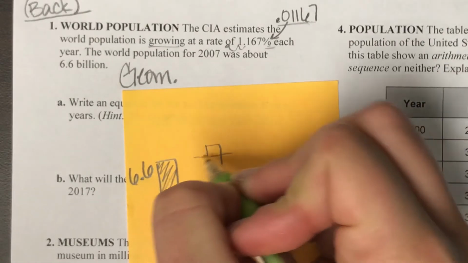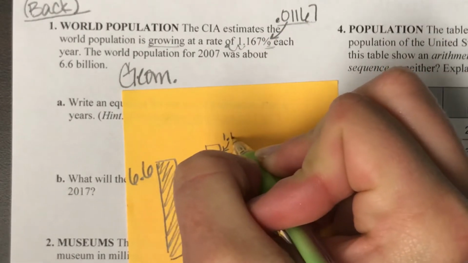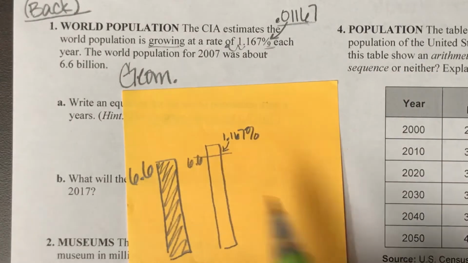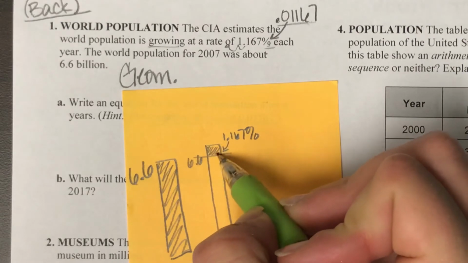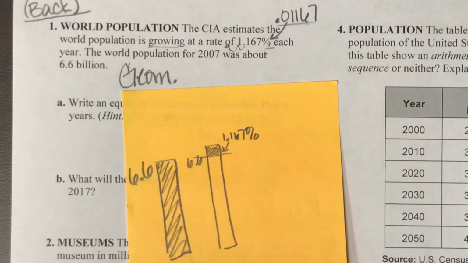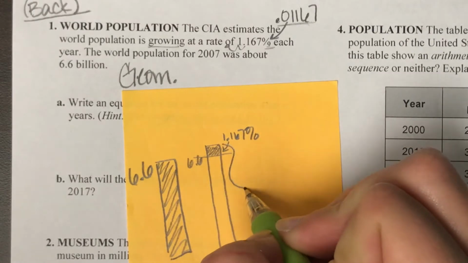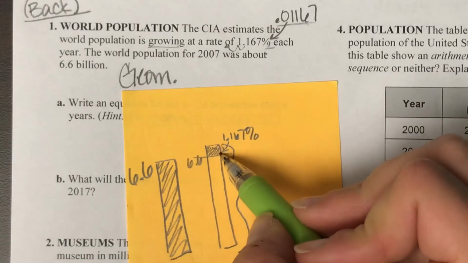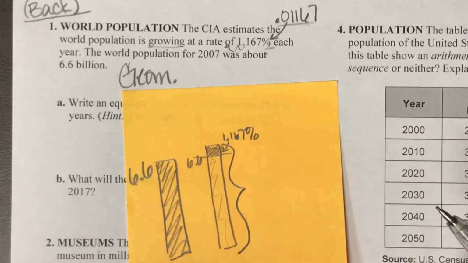And I've taken my 6.6 billion and I've added whatever 1.167% is to it. So when I go to year 2, I'm not only talking about that little 1% sliver that we added on. In year 2, I actually want this entire distance, the entire amount. So not just the additional 1%, but also all the original people I had there too.